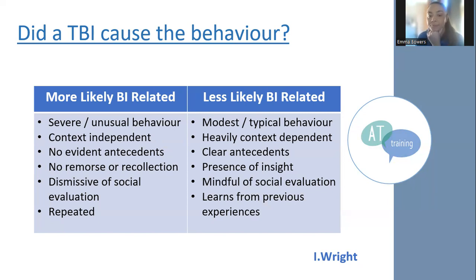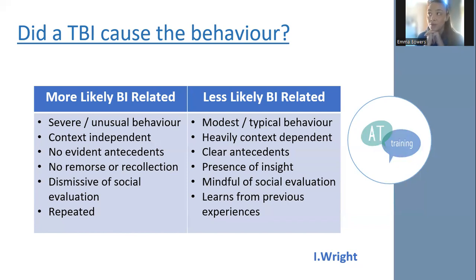So a behaviour may be more likely to be TBI related if it's really severe and unusual, and it's independent of the context, so out of the blue. We do need to be mindful sometimes when we have reports of, oh, it's out of the blue, and we might often hear it goes from 0 to 100 straight away.